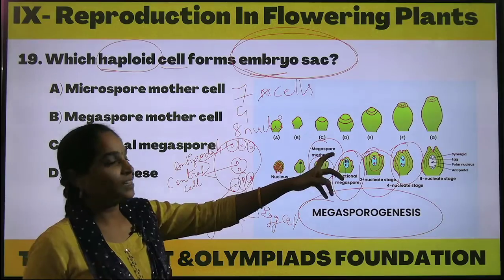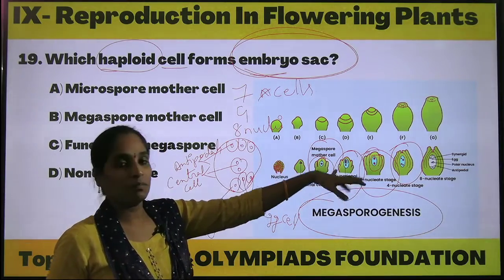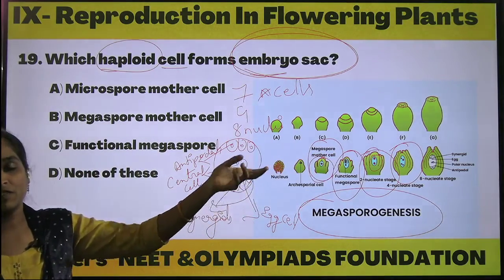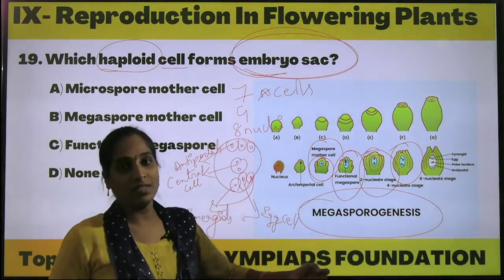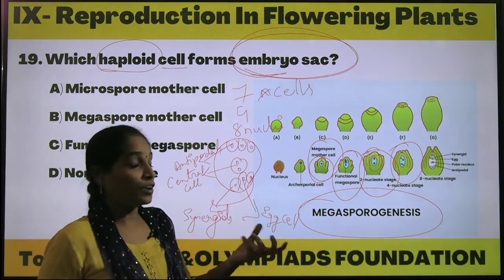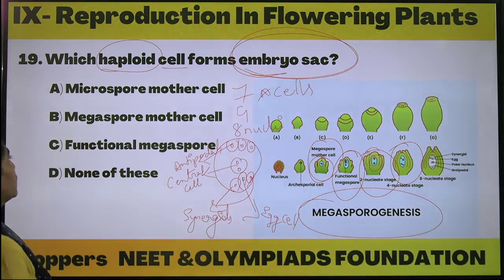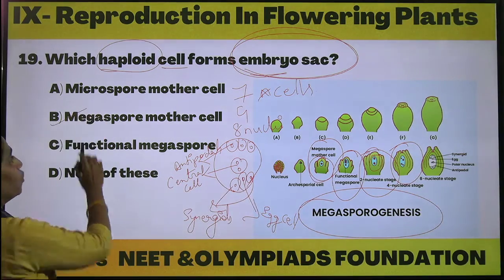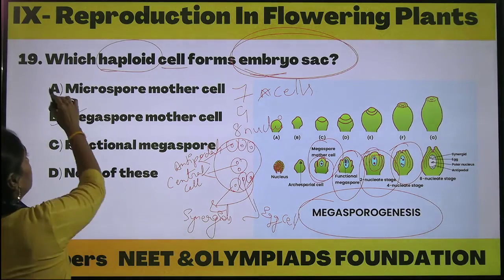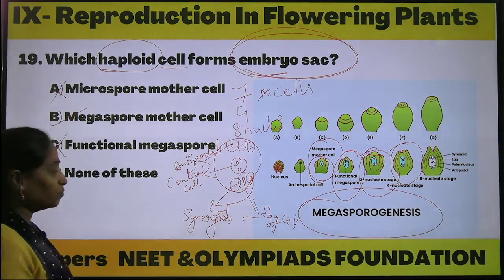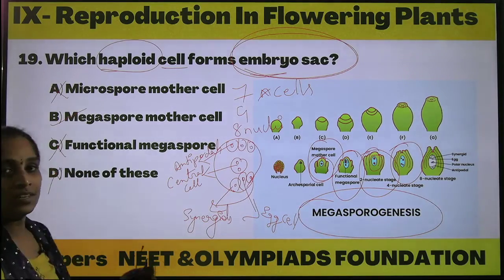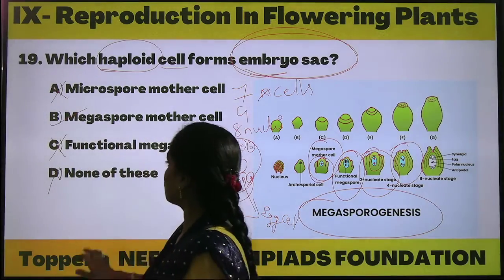So we can say it is haploid. Later, after further mitotic divisions, we will be observing a diploid or triploid condition, right? So here the correct option is megaspore mother cell, not the microspore mother cell, not the functional megaspore, and option D is the wrong option, right?